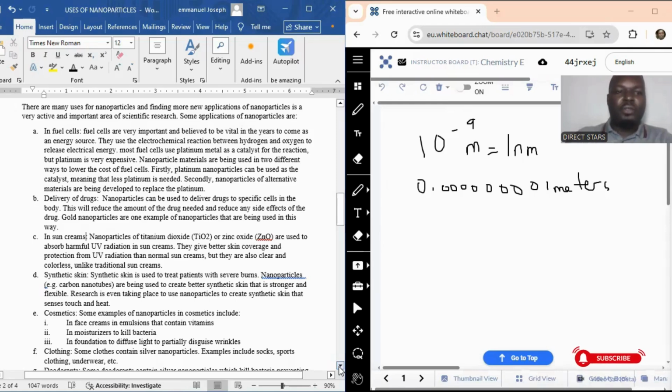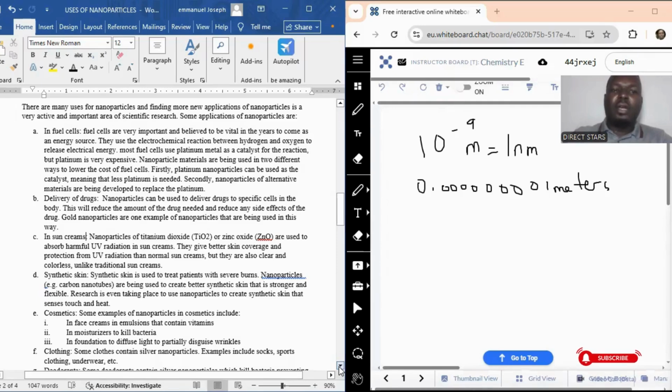So nanoparticle materials are being used in two different ways to lower the cost of fuel cells. Gone are the days where fuel cells were very expensive, but now with the advent of nanoparticles, the cost has been brought down. Platinum nanoparticles are now the ones used as a catalyst.